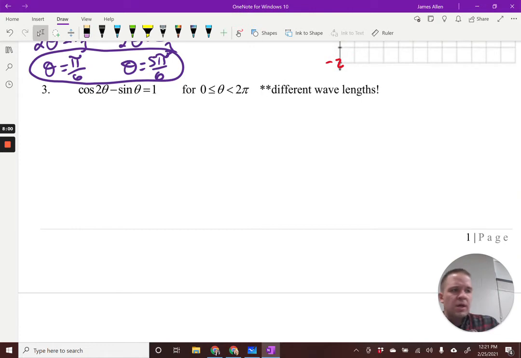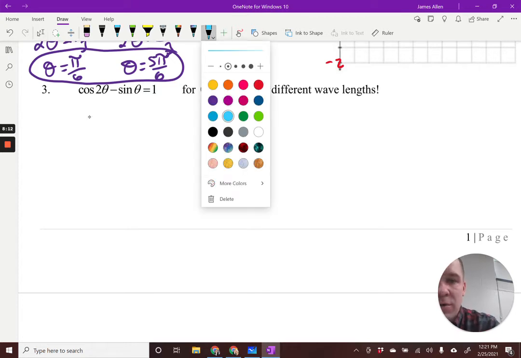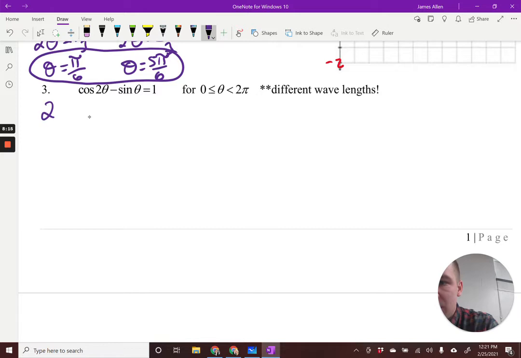All right. So number 3 here, we got cosine of 2 theta minus sine of theta equals 1. We got different wavelengths, right? We got 2 different functions going on here. But as we just said, I can change cosine of 2 theta into something else, right? I can substitute in 1 minus 2 sine squared theta, minus sine of theta.